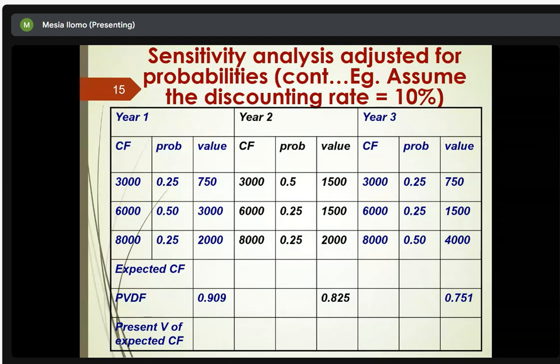So you have to add the 750 plus 3,000 plus 2,000. How much are you getting there?